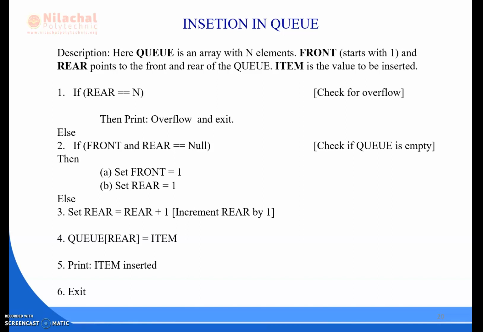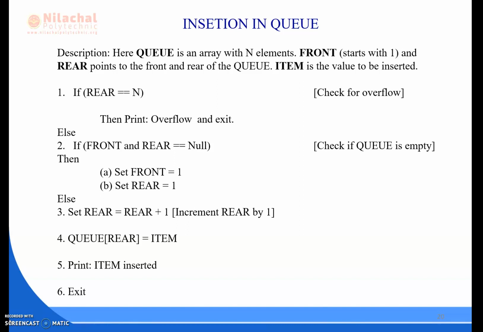Else, if rear is not equal to n, then check if front and rear are equal to null. If front and rear are equal to null, it checks if the queue is empty.